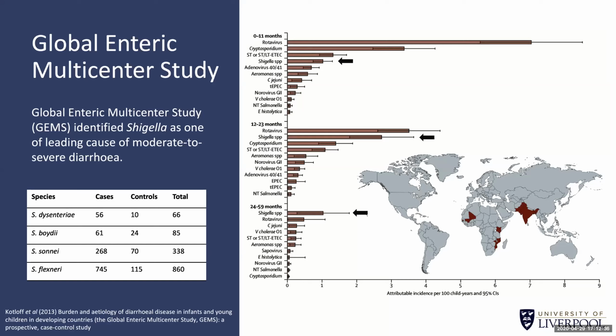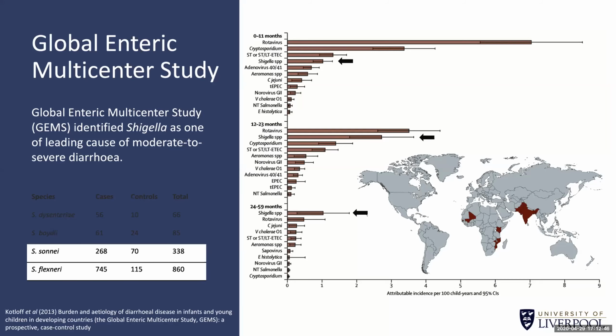Hopefully, this will help us to inform interventions and also management of shigellosis, where in a population is most vulnerable to this disease. In this study, we only analyzed sonnei and flexneri isolates, as these two species were responsible for the majority of shigellosis.